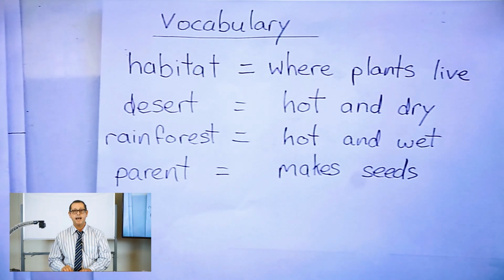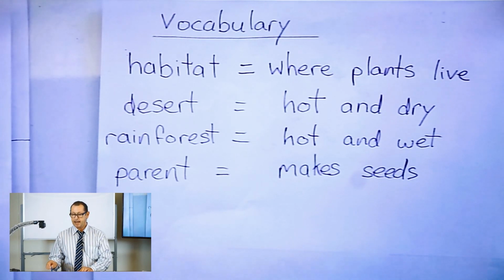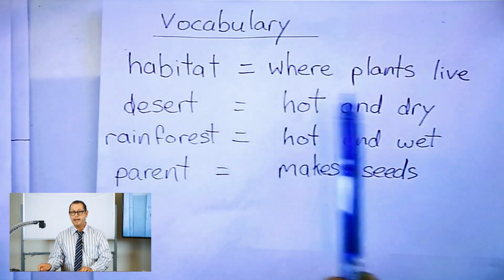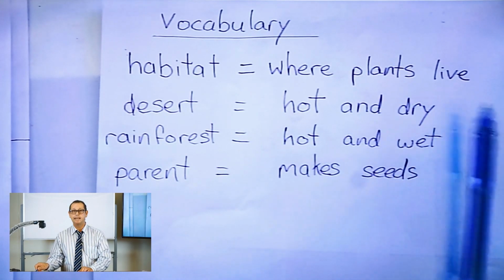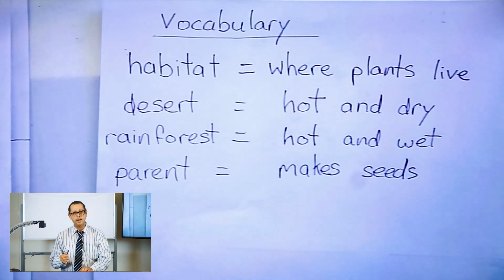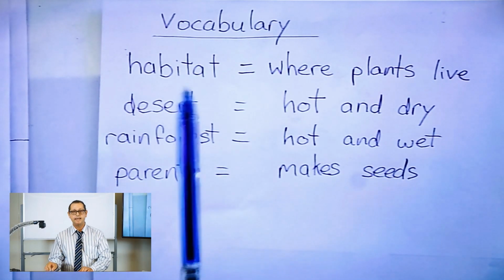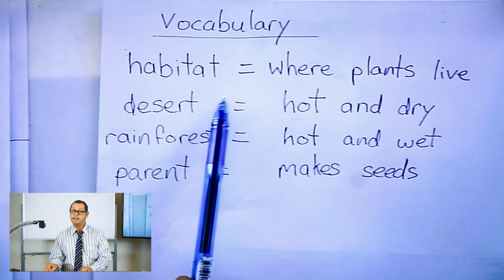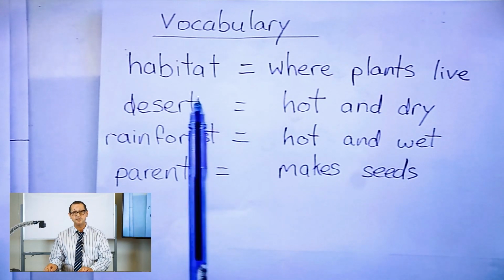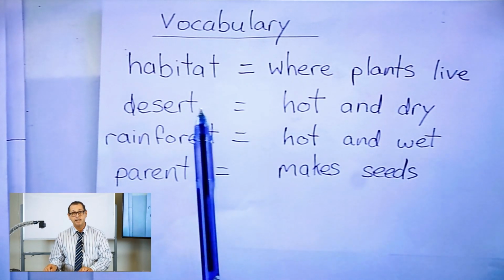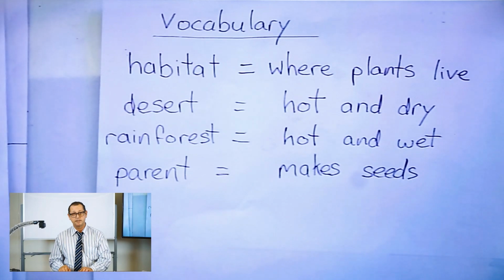Habitat. Habitat. Okay, a habitat is where plants live. So some plants have a habitat in the desert, and some plants have a habitat in the rainforest.